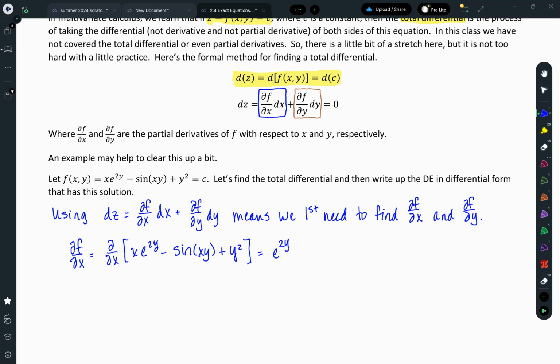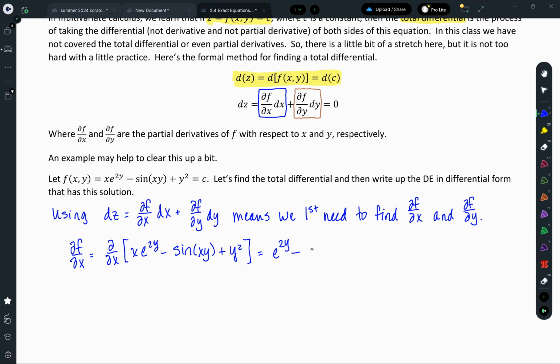Then I hit the second term, the minus sine of xy. It looks like we've got a little bit of a chain rule here. So I'm going to take the derivative of the outer function, that's the sine. The derivative of a negative sine will be a negative cosine.